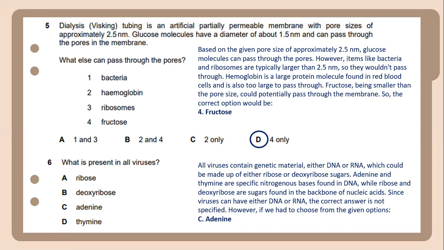Since viruses can have either DNA or RNA, the correct answer is not specified. However, if we had to choose from the given options, ribose, deoxyribose, adenine, and thymine, the most correct answer is adenine, which is number 6, C.